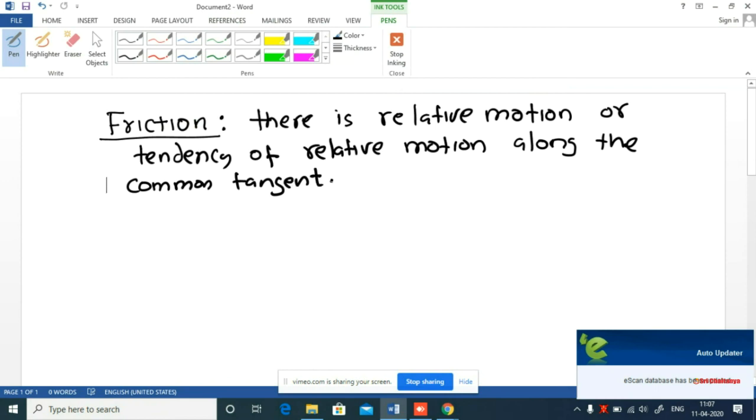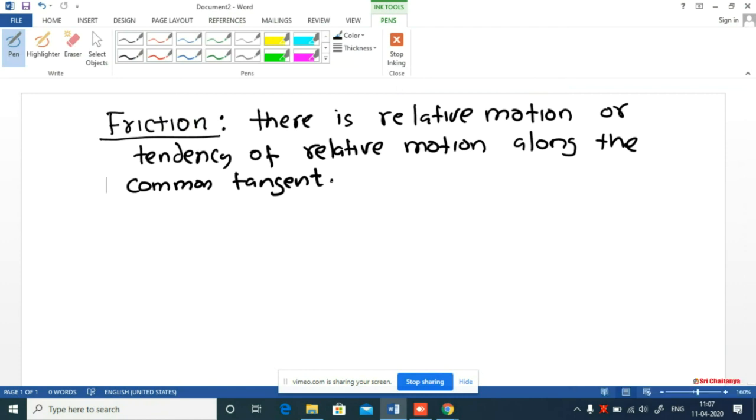Right, so friction arises when there is either relative motion or tendency of relative motion along the common tangent. And of course there is one more condition. The condition is that the surface of the two bodies which are in contact must be rough, only then friction will act. So friction is the tangential component of contact force, which arises if the surfaces in contact are rough and there is relative motion or tendency of relative motion along the common tangent.